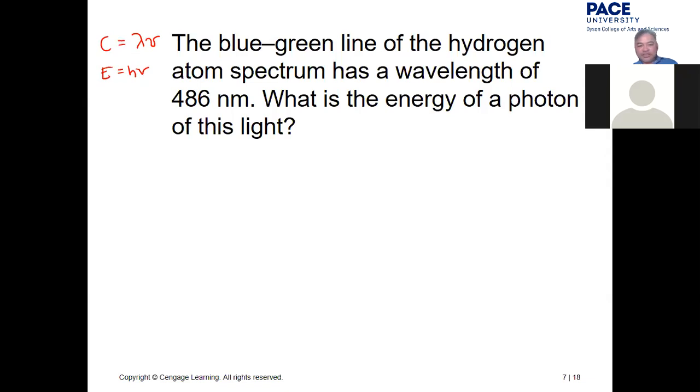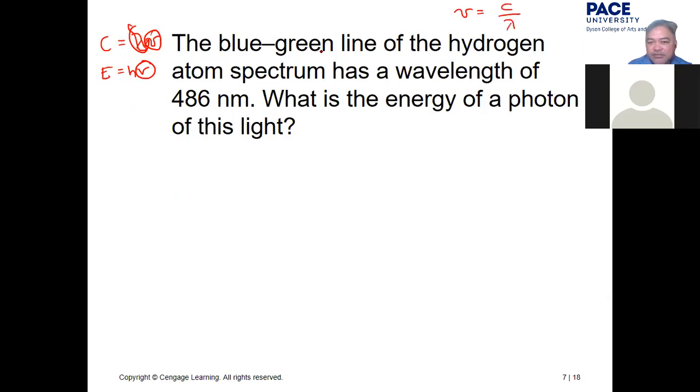For instance, you have to combine the two. So how are you going to combine the two? What is common between the two equations? You have here both, no, not that one, this one, the frequency. So you rearrange it in such a way that the frequency is equal to what?